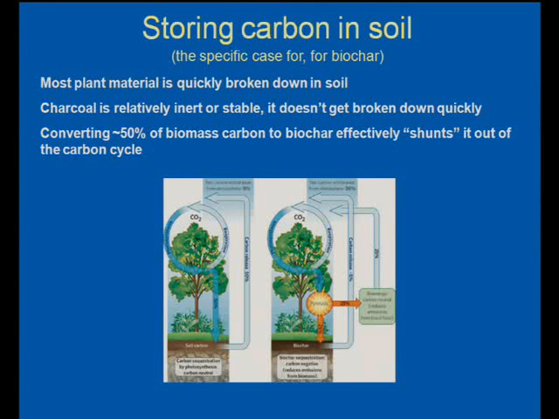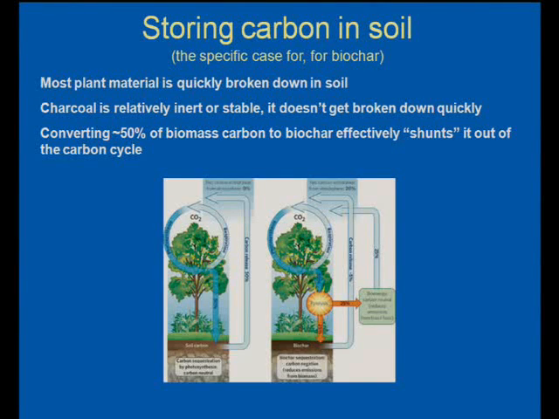The idea with biochar is to interrupt this process. So we're taking that 50%, say, of fixed carbon that isn't directly respired, that comes through in plant residues, pyrolysing half of that 50%, so 25% of the photosynthesised carbon is directly converted into carbon dioxide.